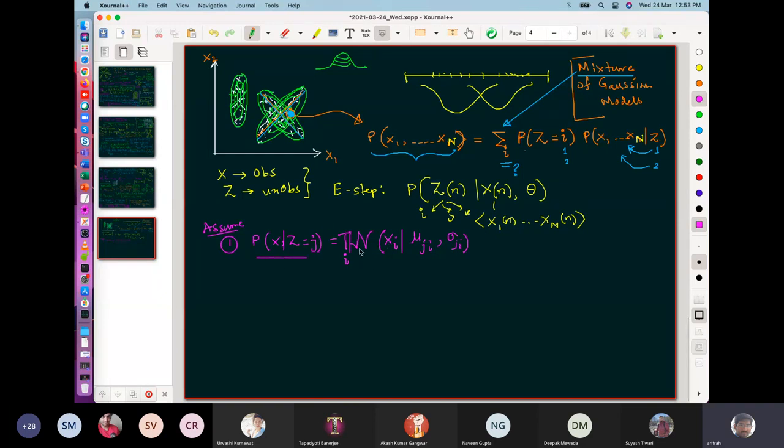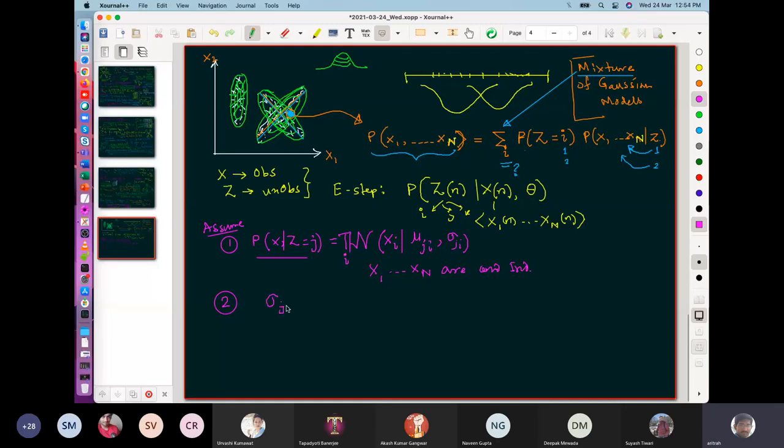That is one assumption. So it means that x1 up to xn are conditionally independent.